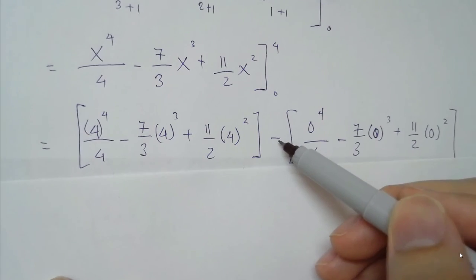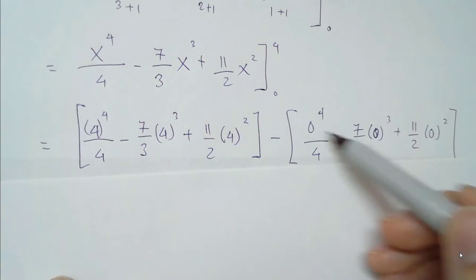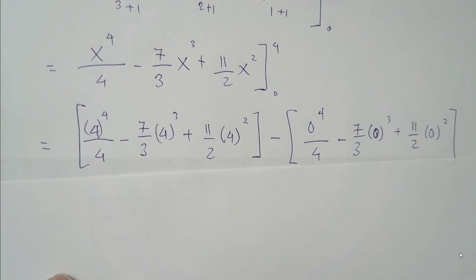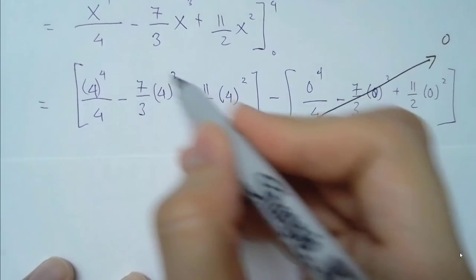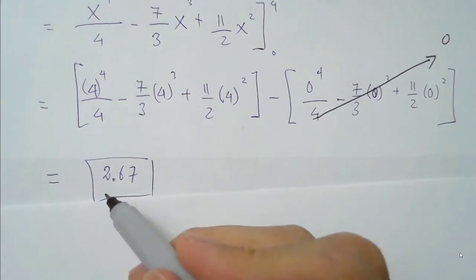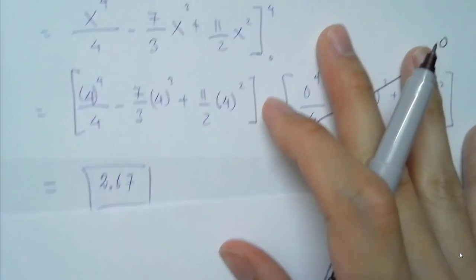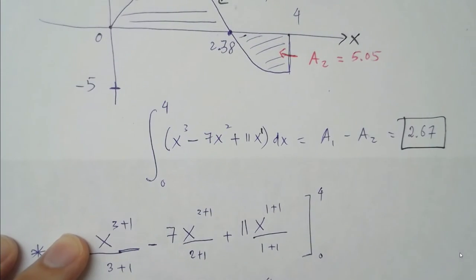And I subtract, and then I plug in 0 to all the places of x. We know that this is 0, 0, 0, and they all add up together to be 0. Then at the end, we make all the simplifications here, and you should end up with 2.67, the same thing as we saw earlier.